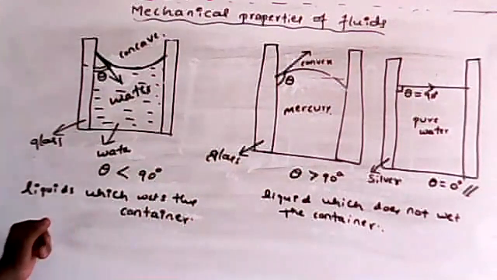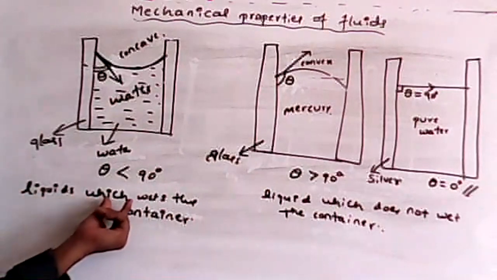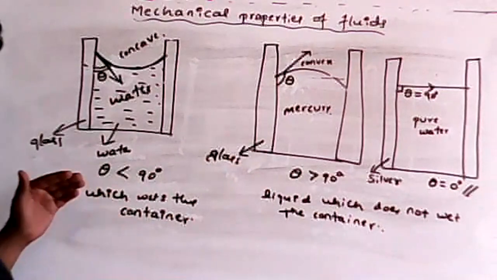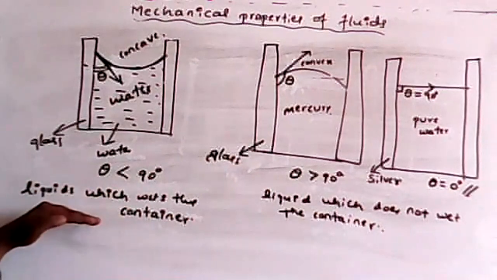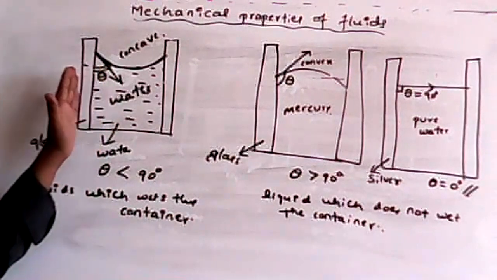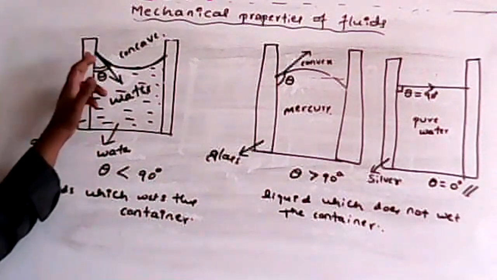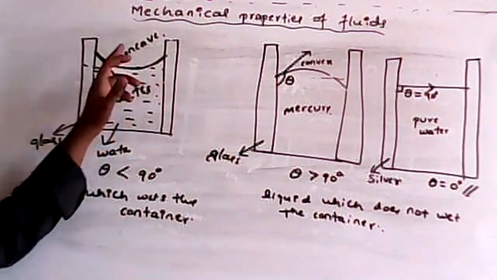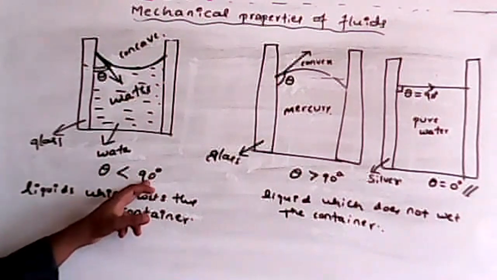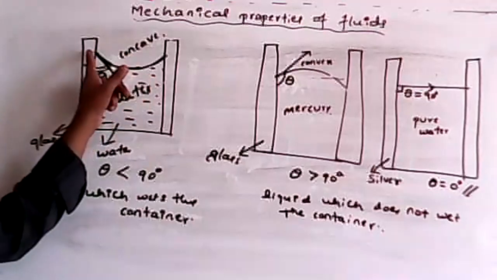Students, remember, when a liquid wets the container, for example glass and water, water sticks easily to the glass. Then the nature of the angle of contact will be different: it will be less than 90 degrees, and it will give you a concave upper surface.